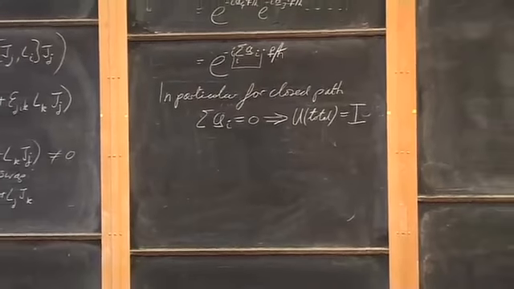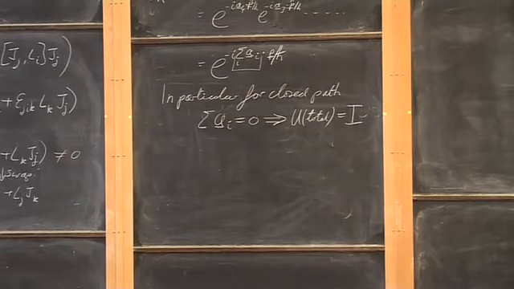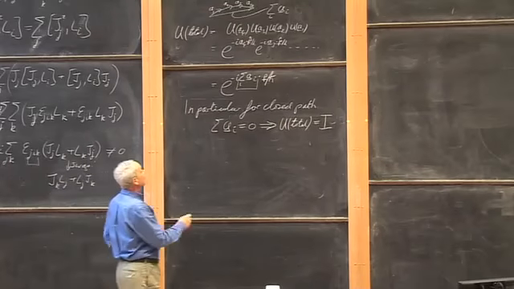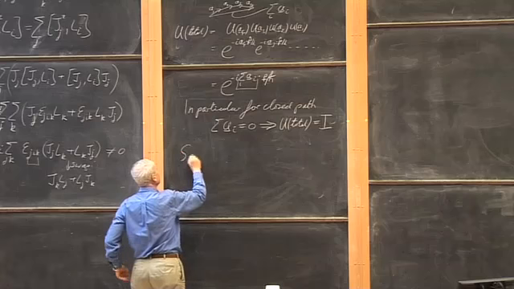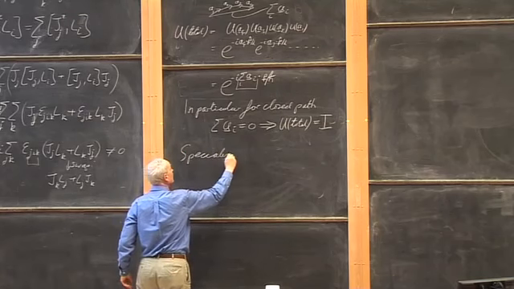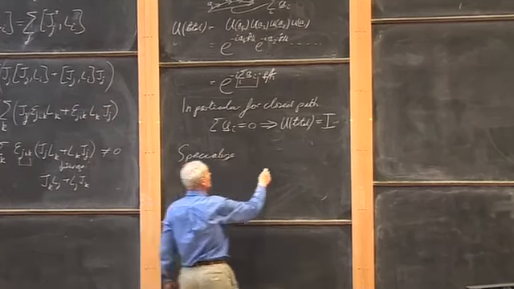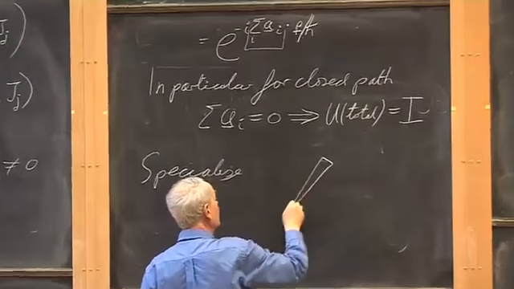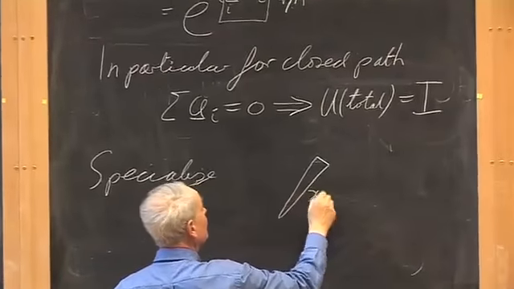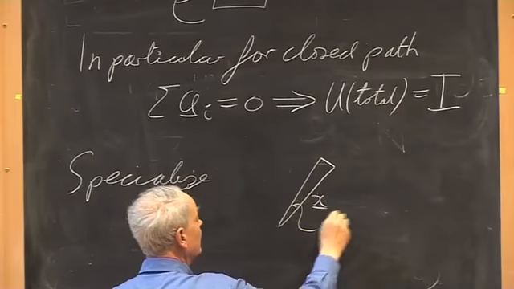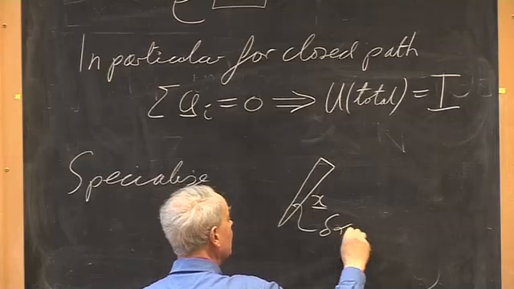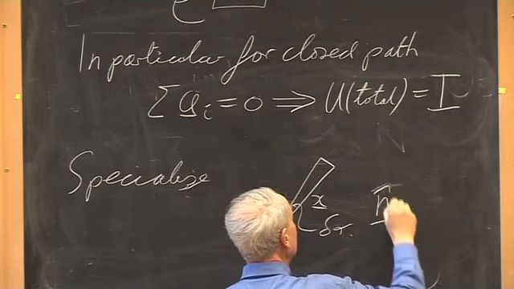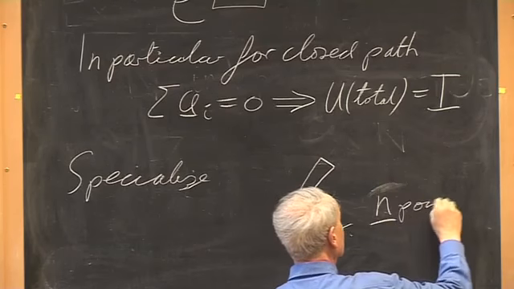So now let's specialize in our paths. Let this be x. Let this angle in here be delta alpha. Let n be the unit vector pointing out of the board.